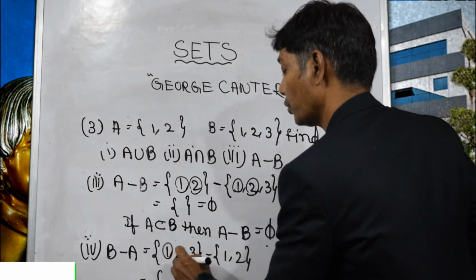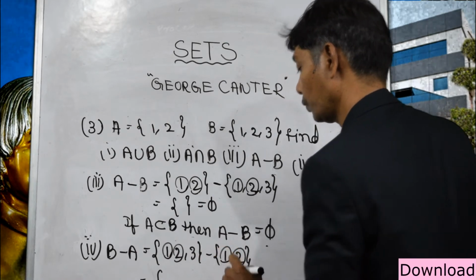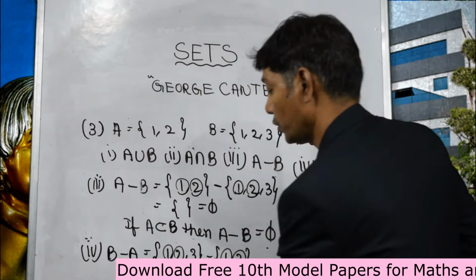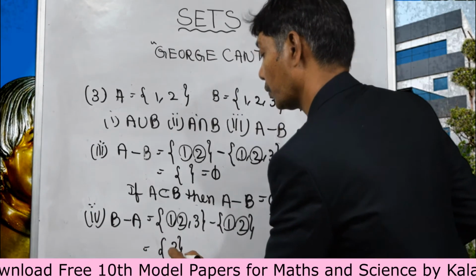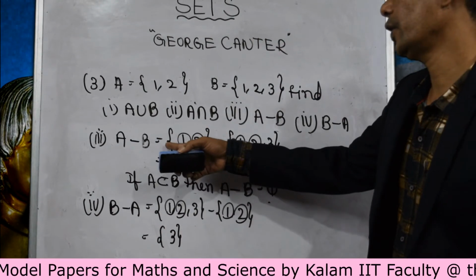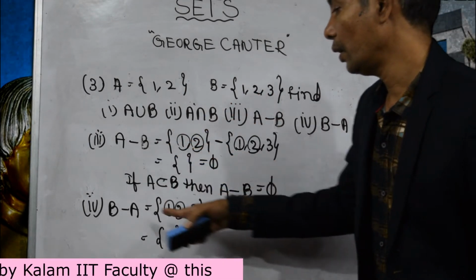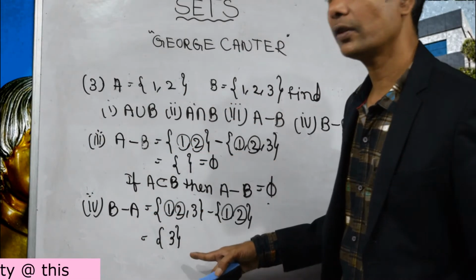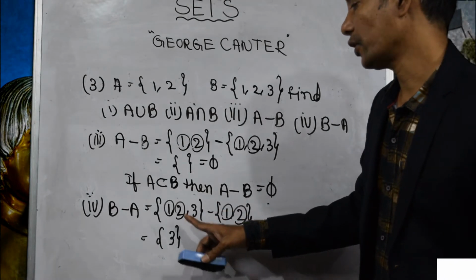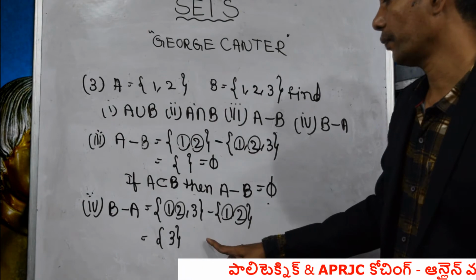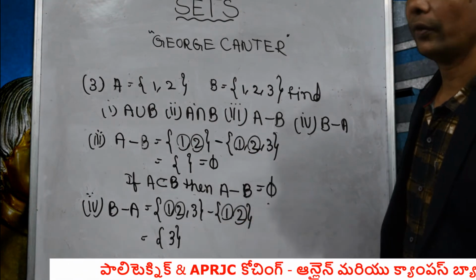Here you have to take the common elements. What are the elements present in the first set? Only 3 is there. Here A minus B, if A subset B, is empty, and B minus A means there are some elements present in B. You can write those elements only. That's why you can solve it.